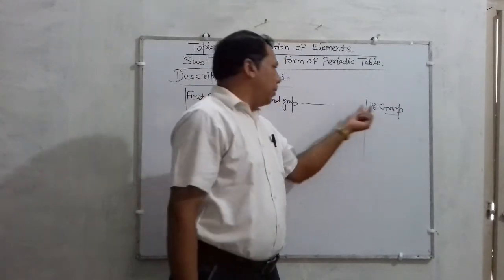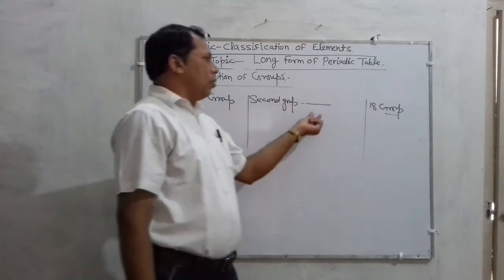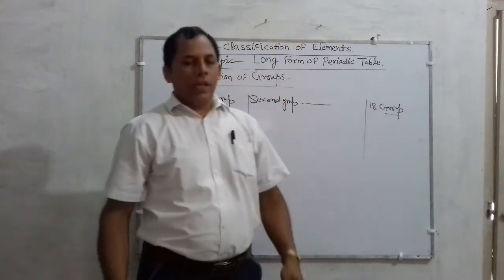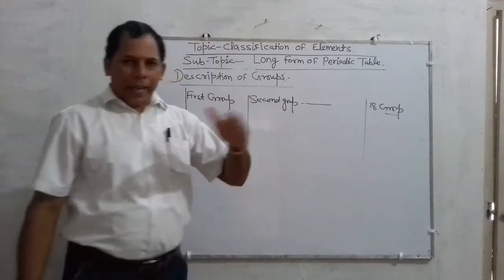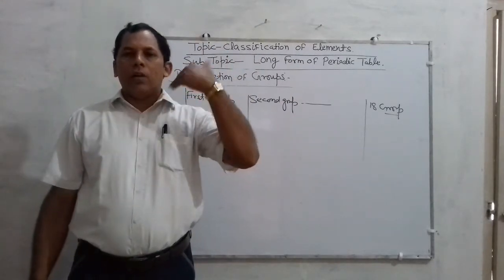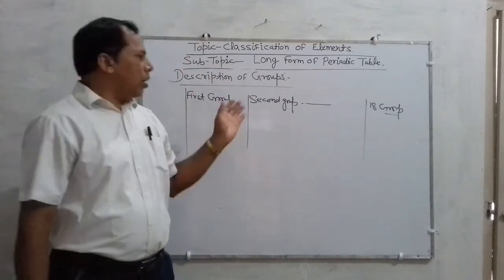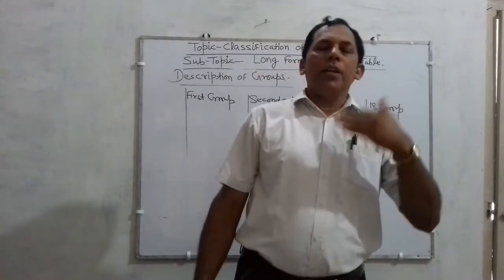In these groups, from the first group up to the 18th group, the arrangement of elements within the group was as usual, according to the modern periodic law, which means elements are arranged in the increasing order of atomic number.